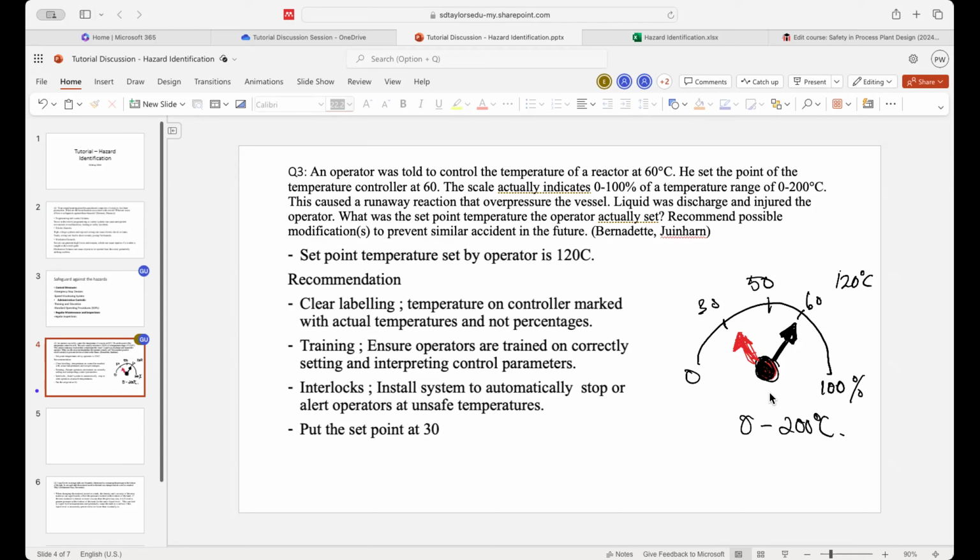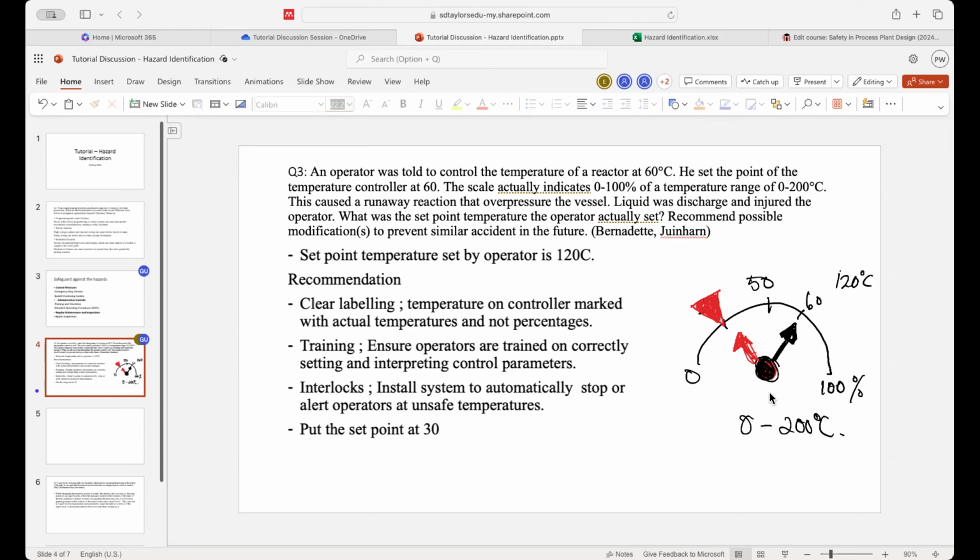But for us as engineers, sometimes we can just do a very simple thing. Instead of asking the operator to set it at 60, what we'll do is get a sticker and then cut it to a triangle and stick it at the controller like this.